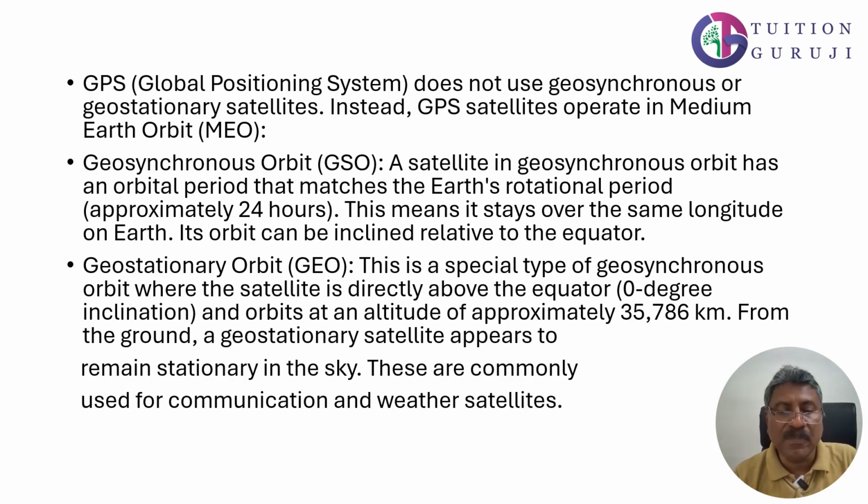A geostationary satellite appears to remain stationary in the sky. These are commonly used for communication and weather satellites. So for communication and weather prediction, the satellite should be seen in a stationary position with respect to the country. Only then can it get and transmit signals for communication.